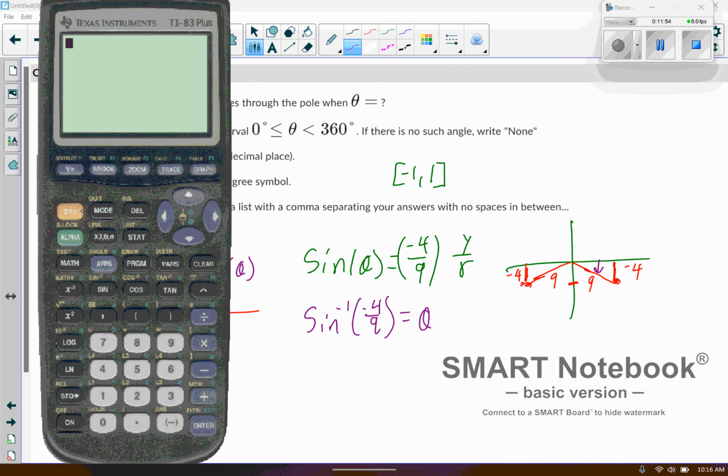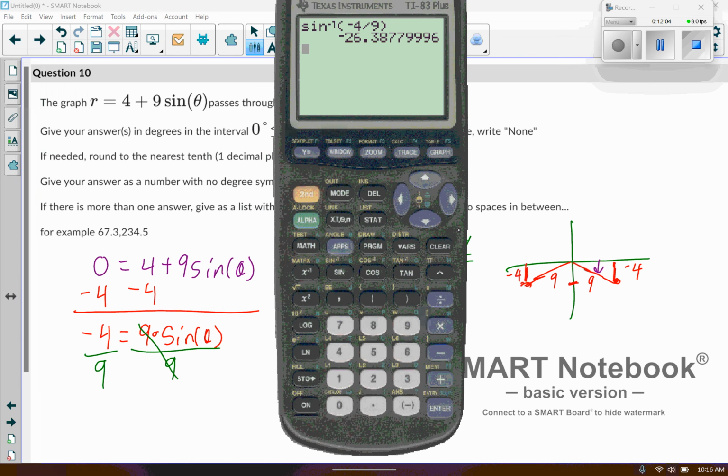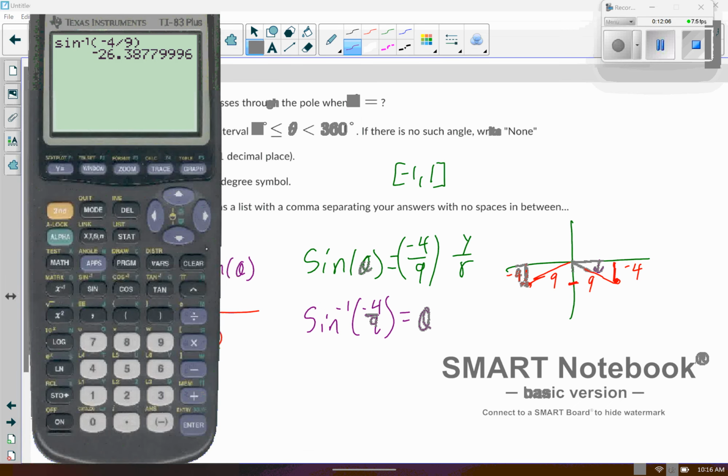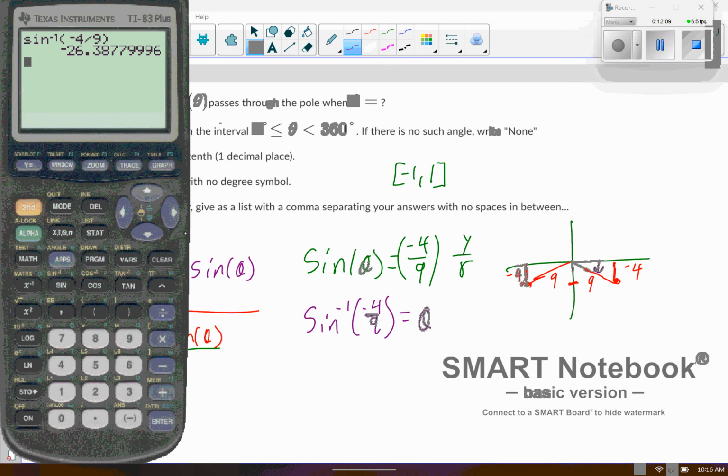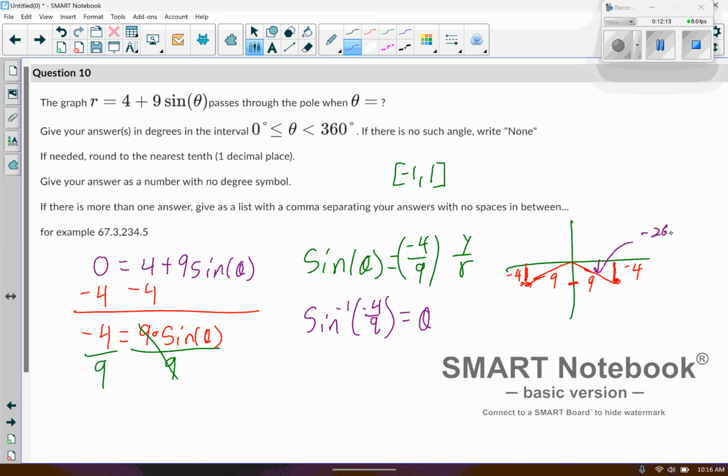So let's see. We're going to do sine inverse of -4 divided by 9. And so that gives me, let's see, does it say round to one decimal place? Okay. So -26.4. So that angle right there is -26.4. Now, once again, my parameters are between 0 and 360.